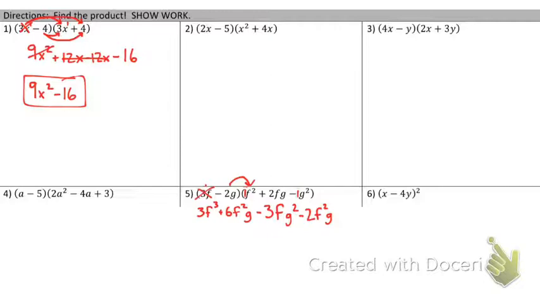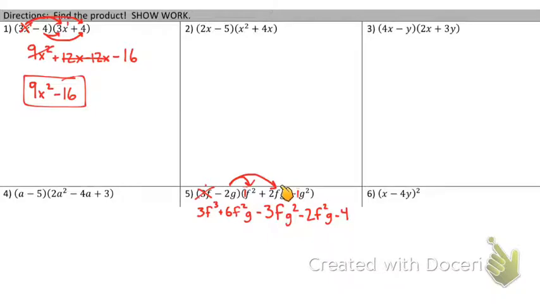Okay? And if you keep it alphabetical order all the time, you won't have an issue later, as I will point out. Now we're going to do negative 2g times the second term here. Negative 2 times positive 2. That's negative 4. And then we got g times f and g. So the g's multiply together, and that's going to give me g to the second.